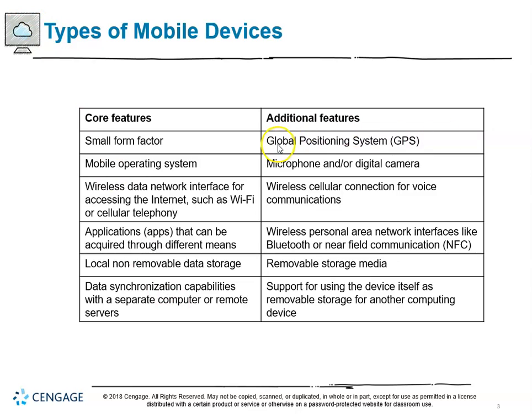And in addition to the global positioning system for additional features, you'll often find these other capabilities: a microphone or camera. They're getting better and better all the time. Wireless cellular connections for voice communications. Something that we all know, Bluetooth.